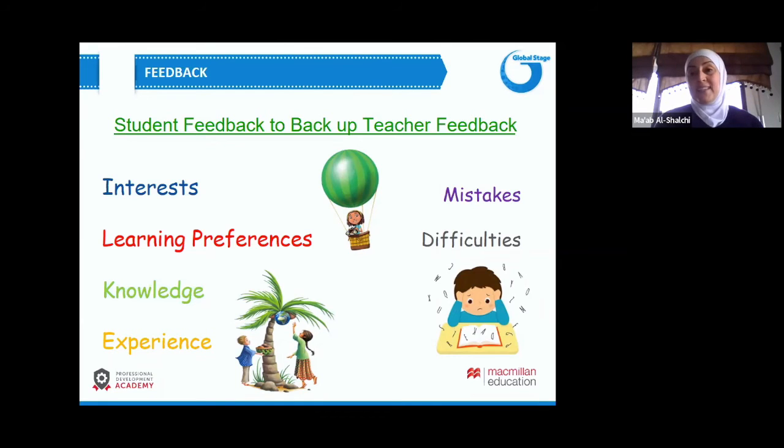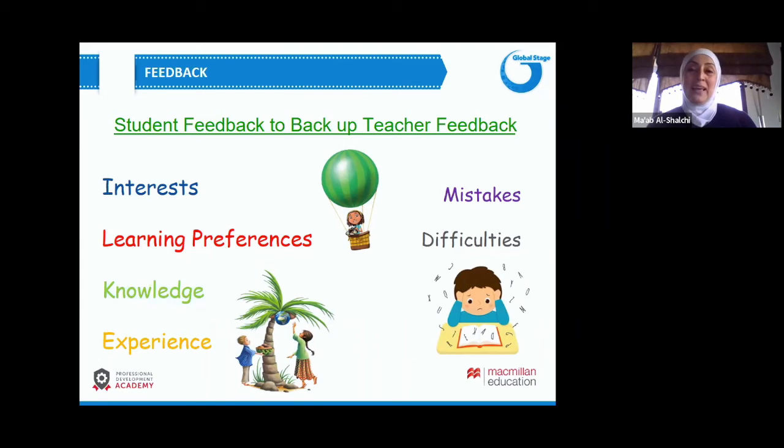We've all noticed that when you personalize the question, you get more answers, you get more participation from students.